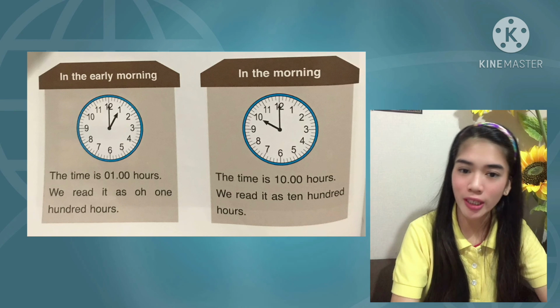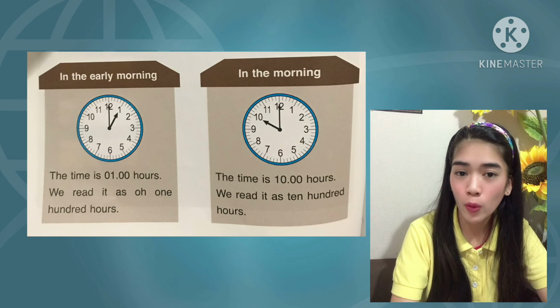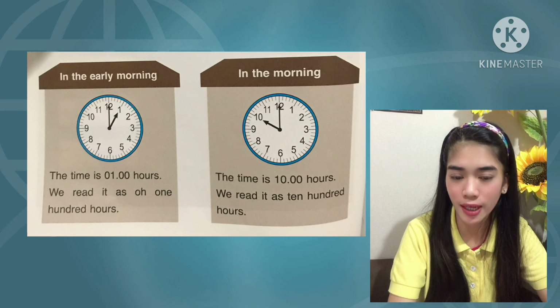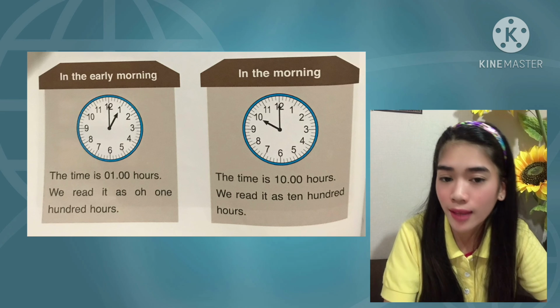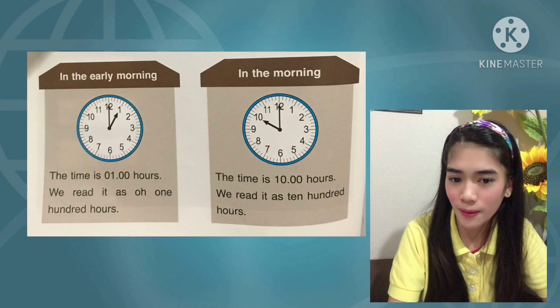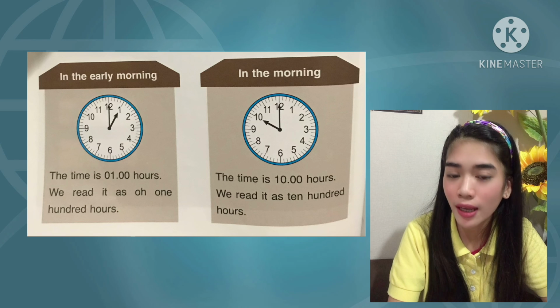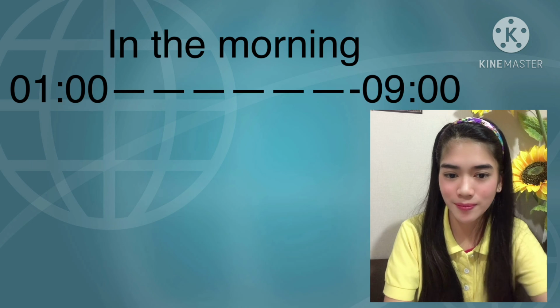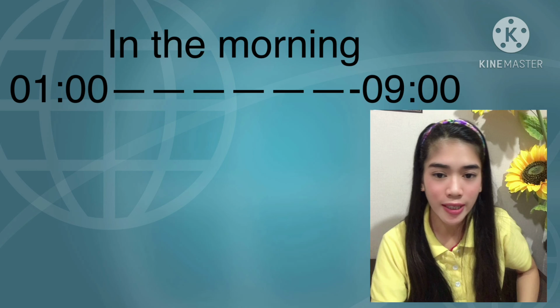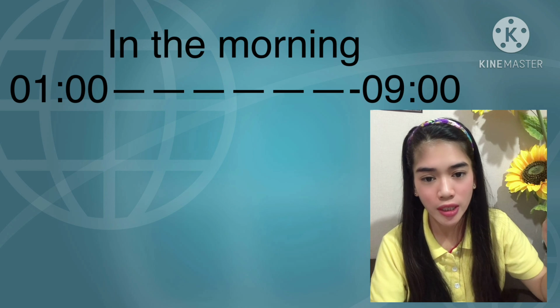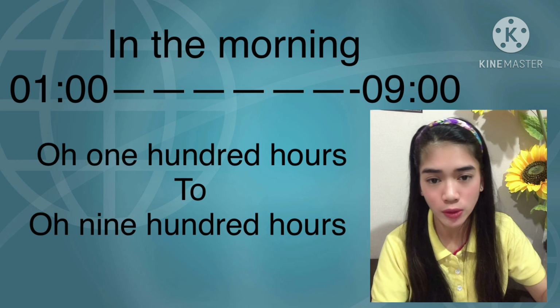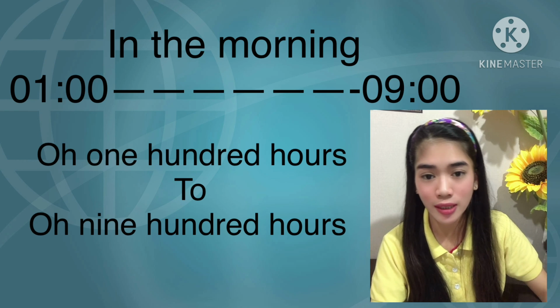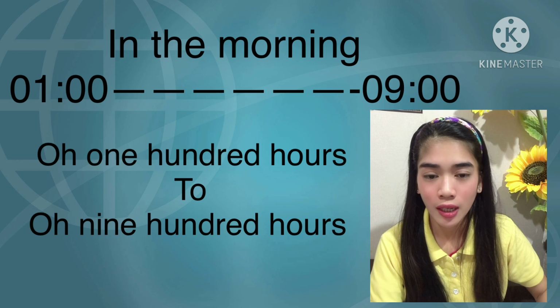In the early morning, we read it as 0100 hours. In the late morning, we read it as 1000 hours. So from 01 to 09, we will read that as 0100, 0200, 0300 until 0900 hours.